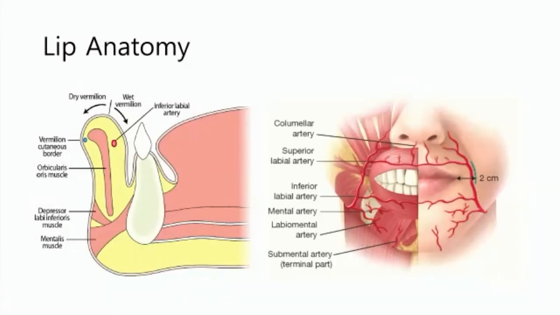We should avoid arterial injection. The lip artery is positioned below, inside the muscle part. So if you inject superficially, from the outside, you cannot reach the artery. So for lip injections, you should inject superficially, from the superficial skin part.